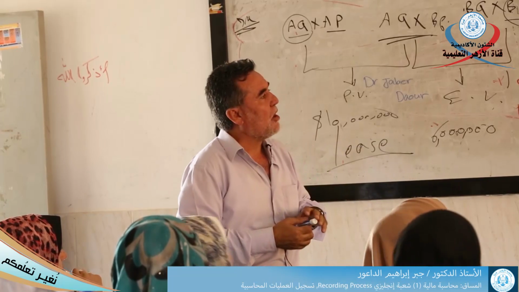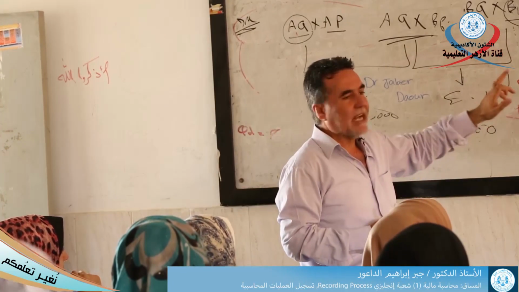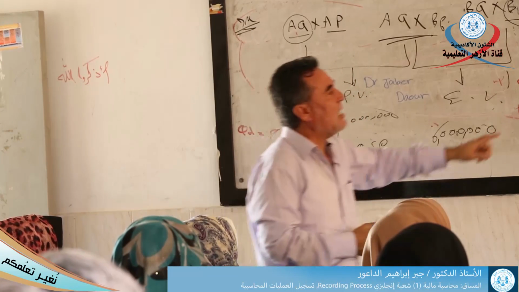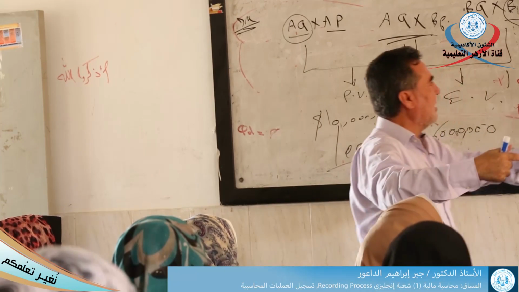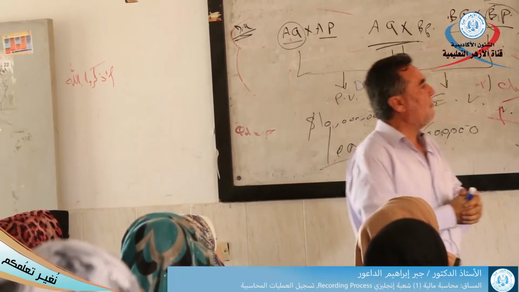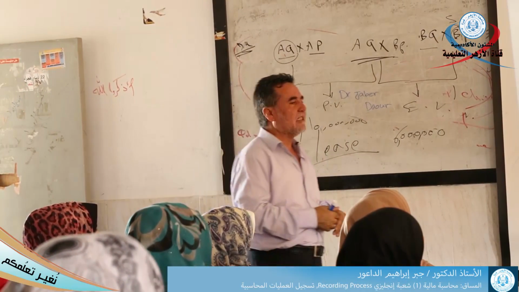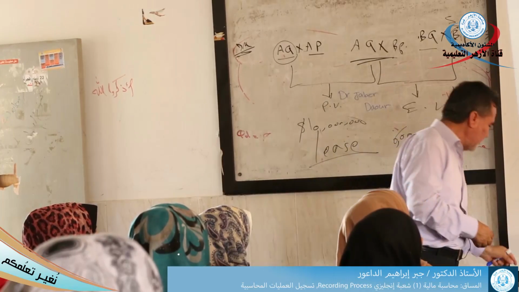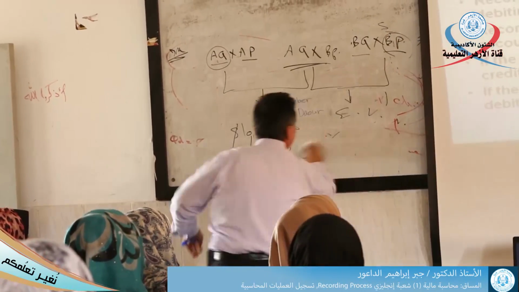If the total of debit amounts is bigger than credits, the account has a debit balance. In the other way, if the total of credit amounts is bigger than debits, the account has a credit balance, like that.